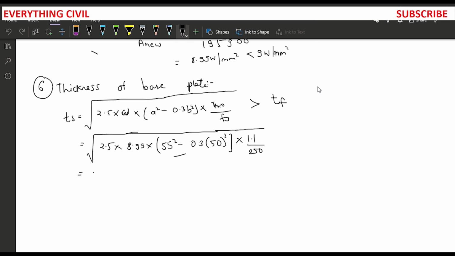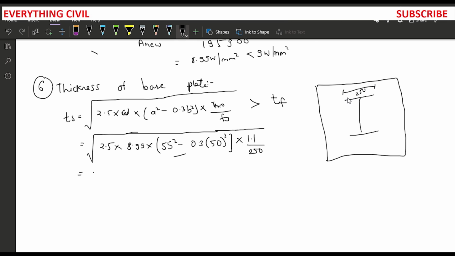And if I can show you here, let's imagine this is the base plate and the I section is in here like this. This side is 250 and this side is 450. So our larger projection was on this side, that is 55. So this is A, then again A here, and our shorter projection was this side.